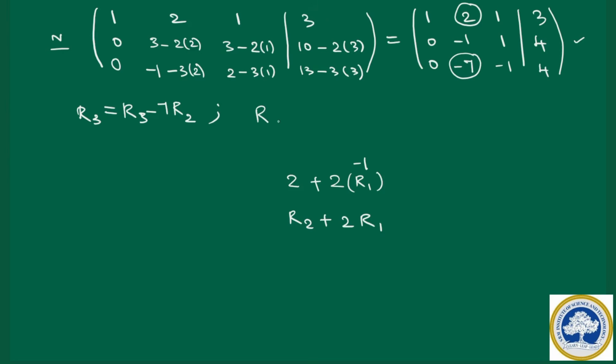So the formula for R2 is, this is R1, this is R2. R1 and R2. So R1 is R1 plus 2 R2. So this is the formula to convert 2 as 0, and this is the formula to convert minus 7 as 0.